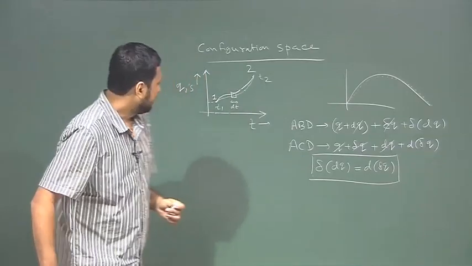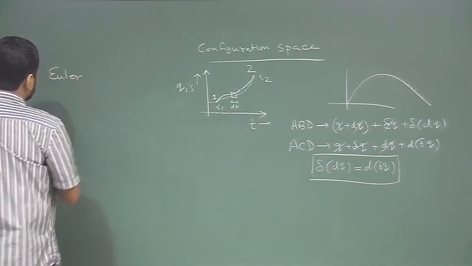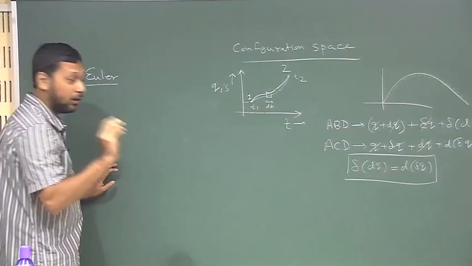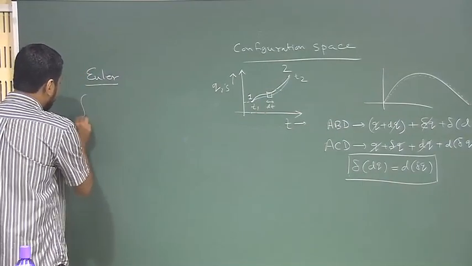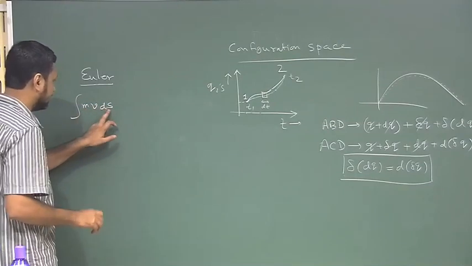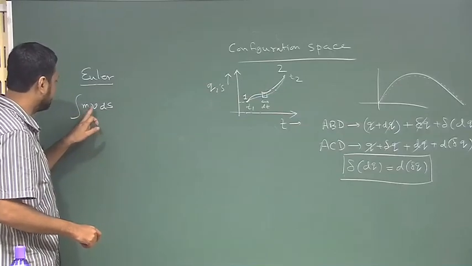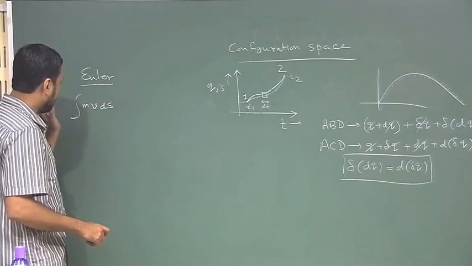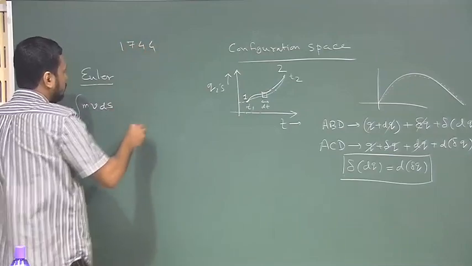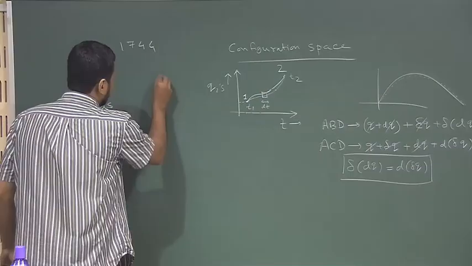Actually, Euler said the mechanical system will follow a path along which the quantity integral of m v ds, s being the arc length along the curve, m the mass and v the velocity, is optimized. So, according to Euler, that was in 1744, two independent minds, one sitting in Germany, one sitting in France.